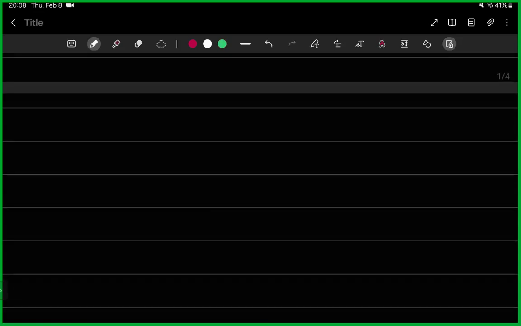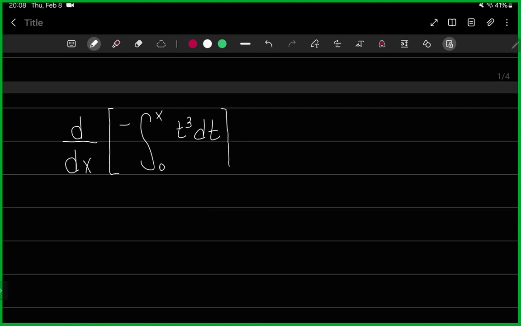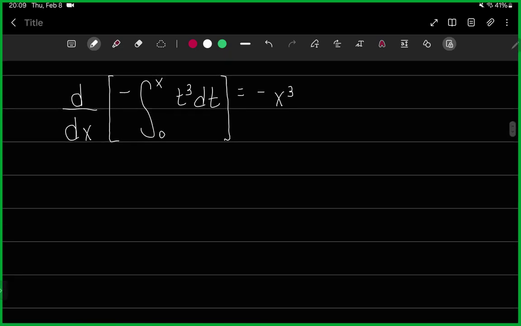If we differentiate the first part, the integral from 0 to x of t cubed dt, we can apply the theorem here. So this is minus x cubed. See? Really fast.